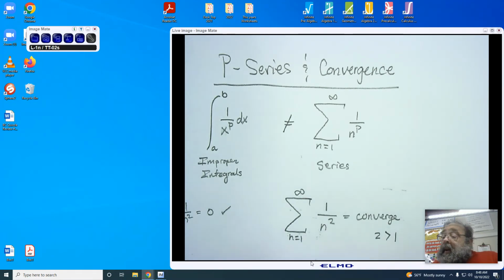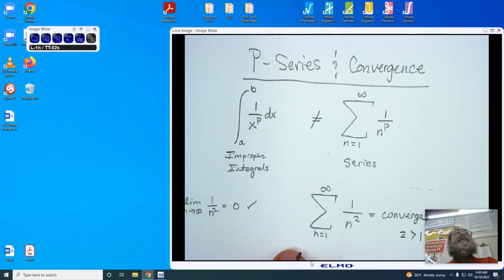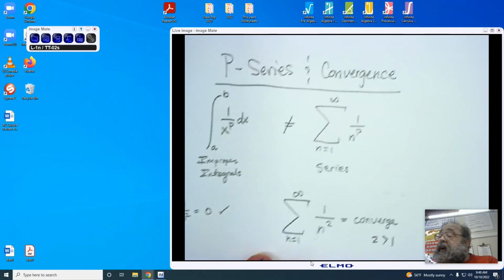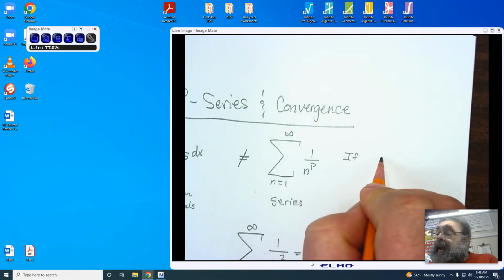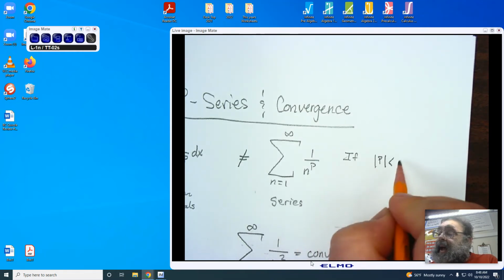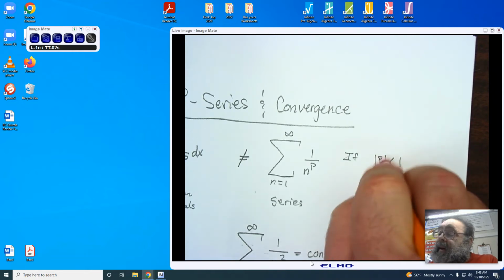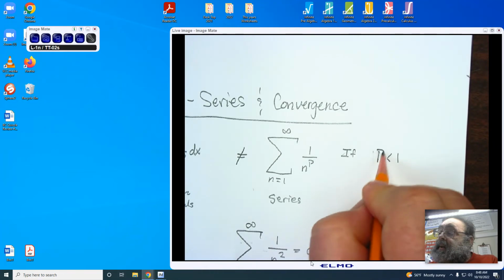So we now are looking at the situation where we have the p-series, and the p-series works like this. If p, absolute value, is less than 1, let's just get rid of the absolute values and call it 0 < p < 1 for what it truly is.